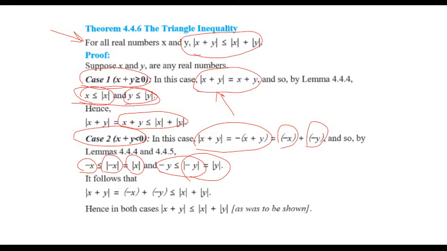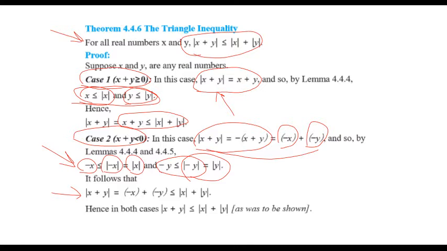And now we combine this equation and these two inequalities to obtain this new inequality.